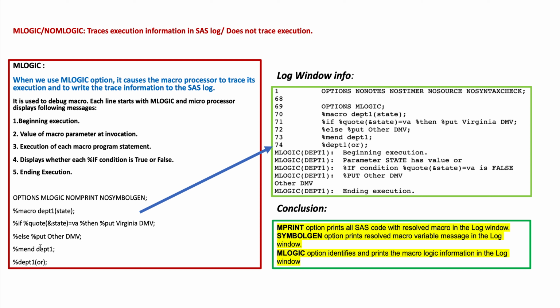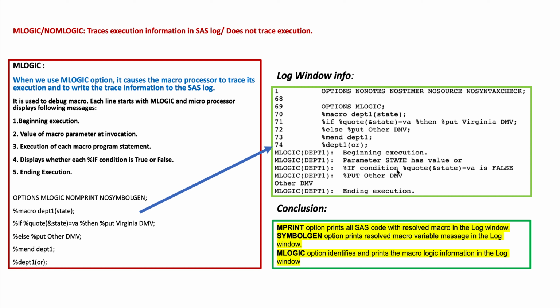When we run this third set of code, we will get the result as shown on the right side. This is the log window information. From here it is clear that it starts with MLOGIC, and first line is beginning execution. Second line, parameter STATE has value OR, that means state is resolved with value OR, Oregon.